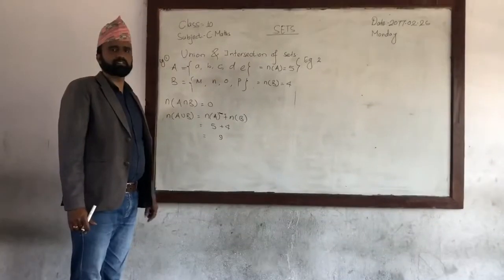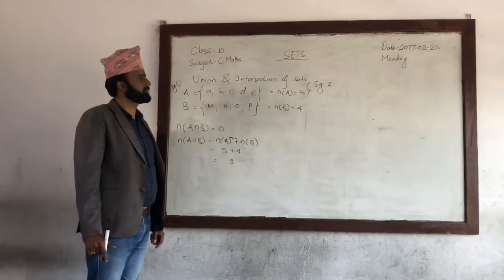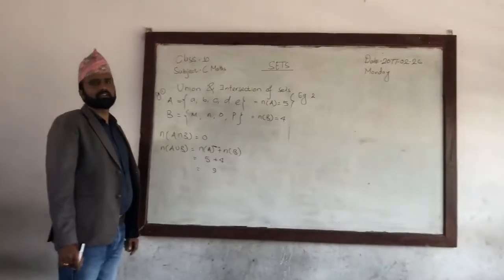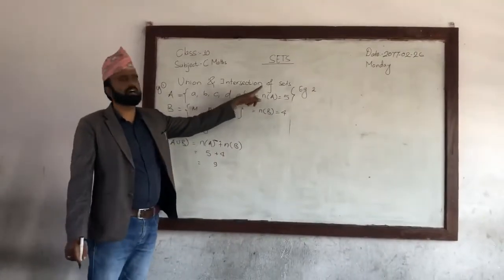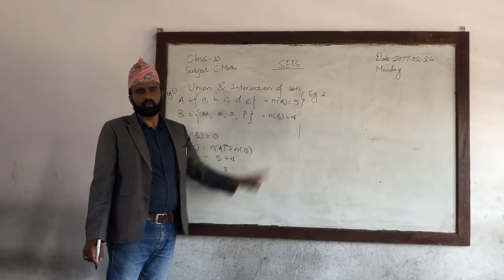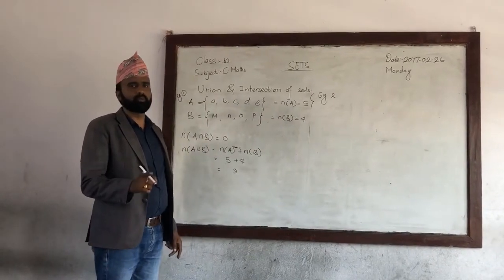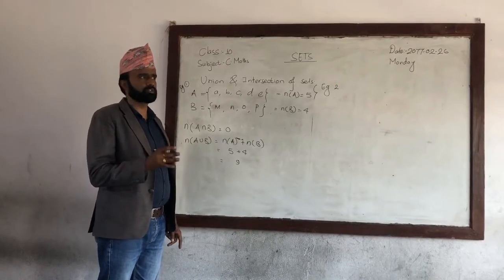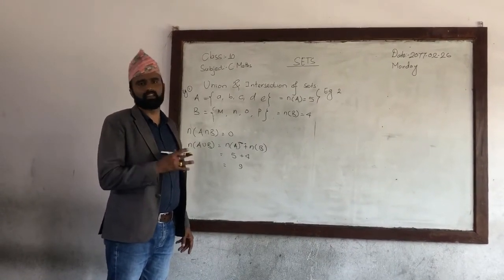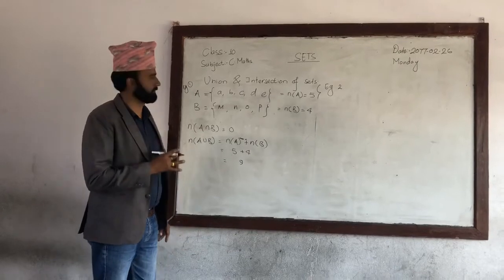Some of the questions. Now I am going to talk about union and intersection of sets, which you have already learned in the previous class as well. Even so, I am going to give you some basic knowledge here too.